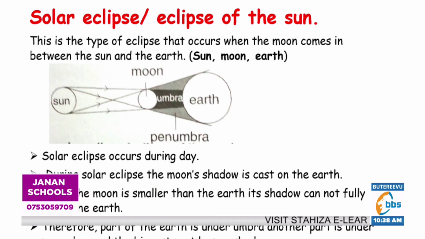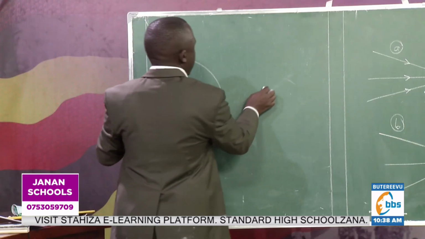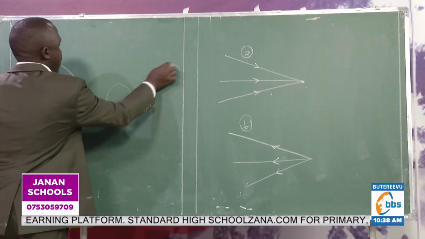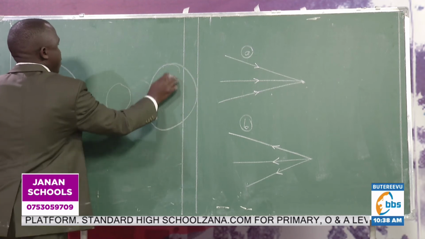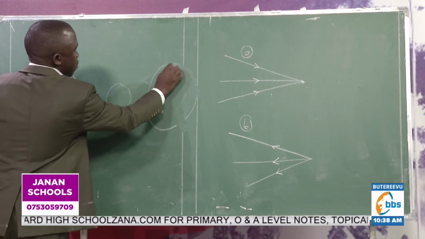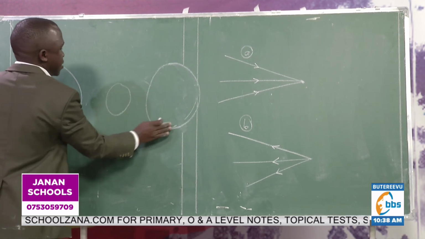Please take note of that. When the moon comes in between the sun and the earth. This is our sun, the moon, and the earth. Is that okay? That is the arrangement.